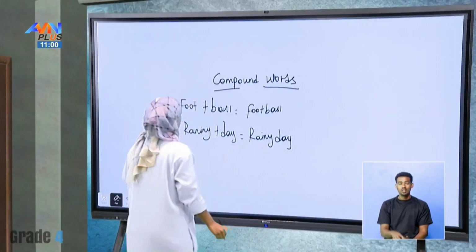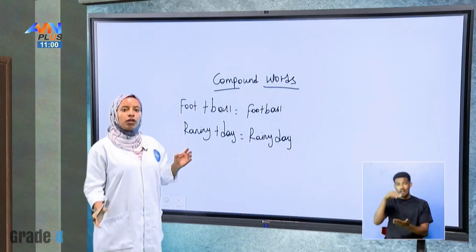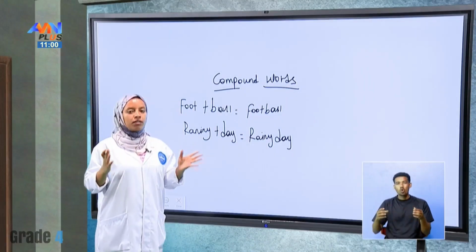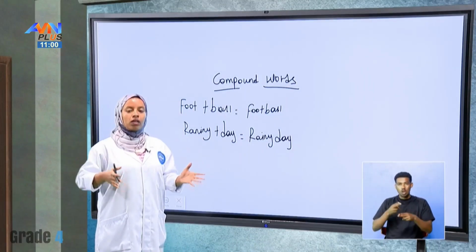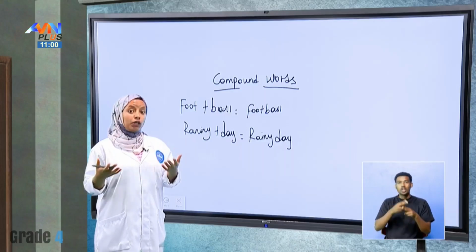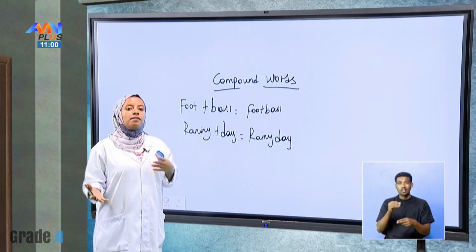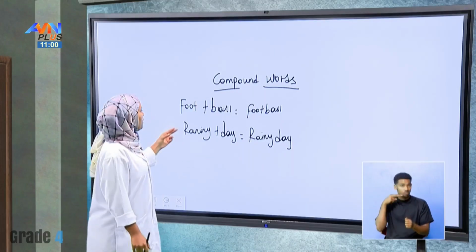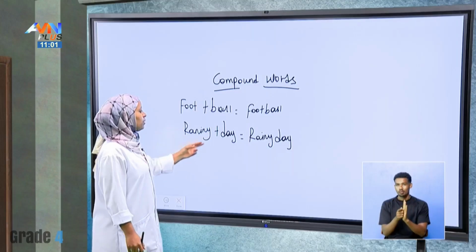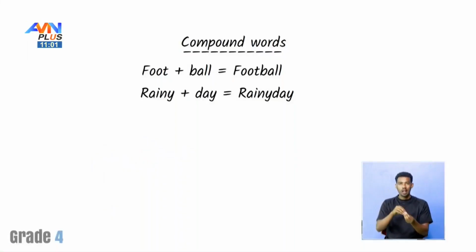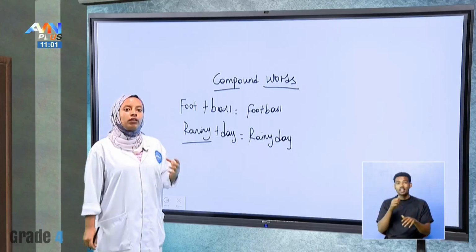And also, we will learn about compound words with noun with noun, noun with adjective, and also noun with verb. For example, rainy plus day. Rainy is an adjective that describes the weather condition.